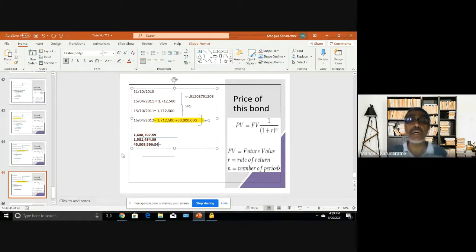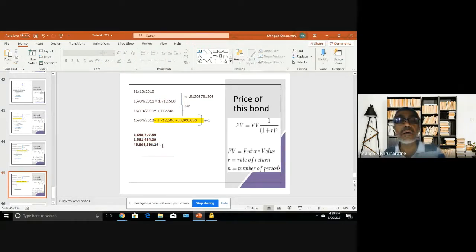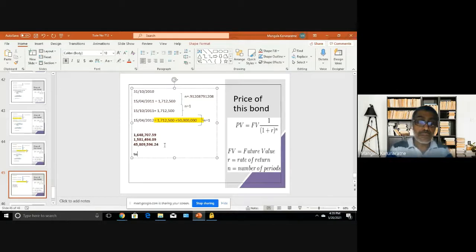So the total here is, what is the total? Total is, that is actually the price of this bond. Total is 49,039,797.92, right? This is the total.